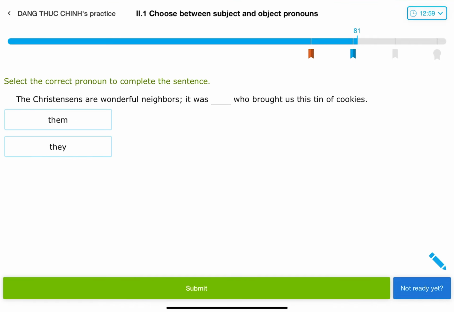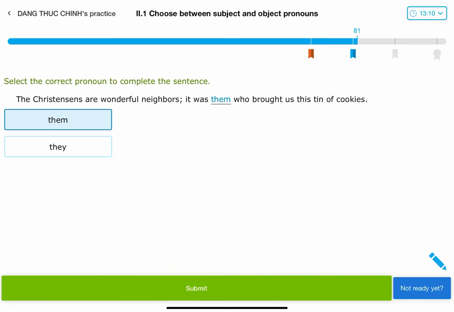The Christensens are wonderful neighbors. It was they who brought us this tin of cookies. We have "it was" here.